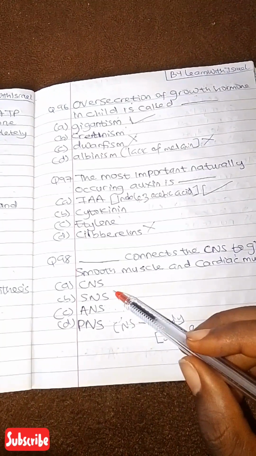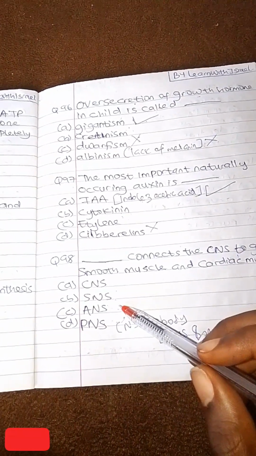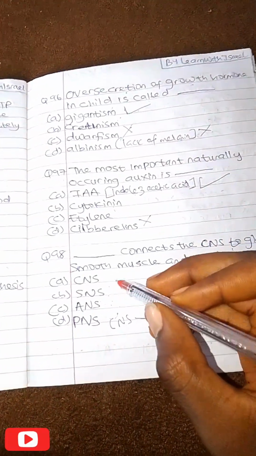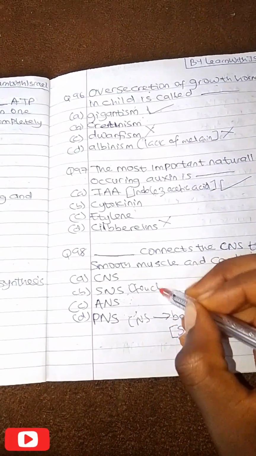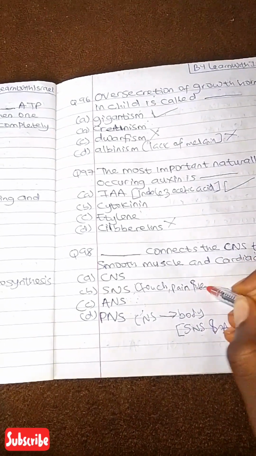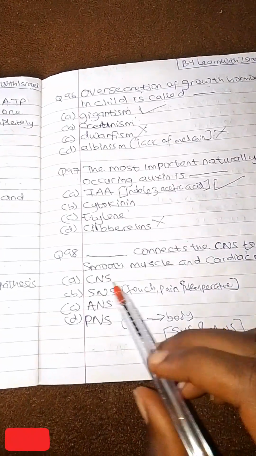So the SNS is the somatic nervous system. It controls voluntary muscle movements such as touch, pain, and temperature. That's the work of the SNS.